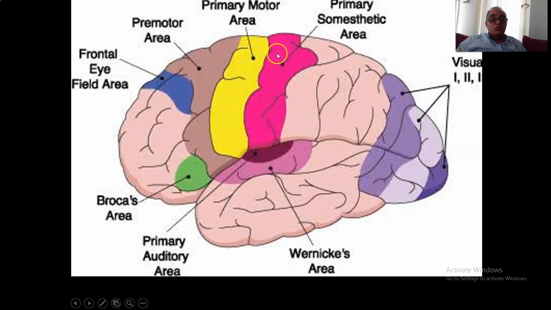The outer circuit is formed of the primary sensory area, the auditory area, and the visual area. So I can feel, I can hear, I can see.